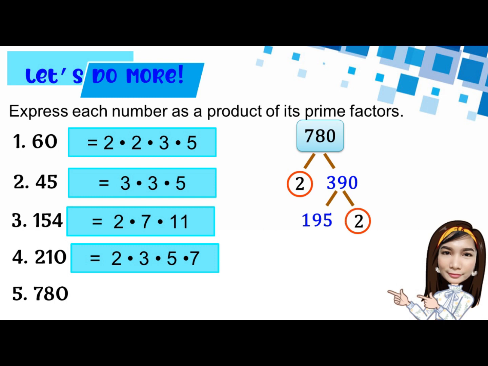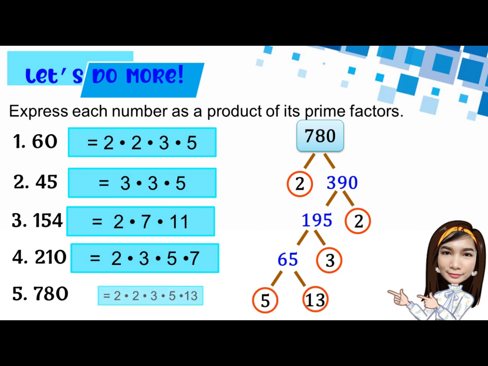Encircle the prime 2. 195 can be factored by 65 times 3. Encircle the prime 3. 65 can be factored by 5 times 13. And they are both primes. So 780 is equal to 2 times 2 times 3 times 5 times 13.